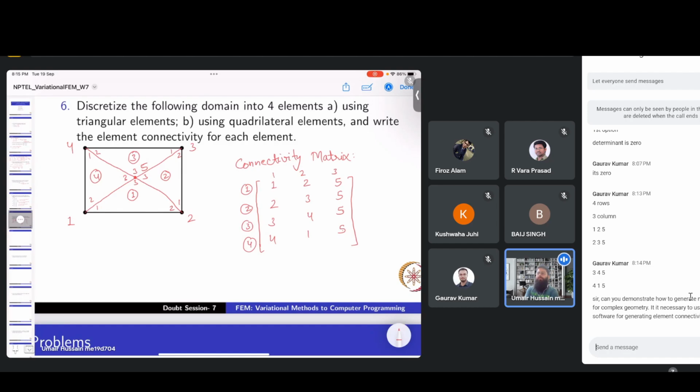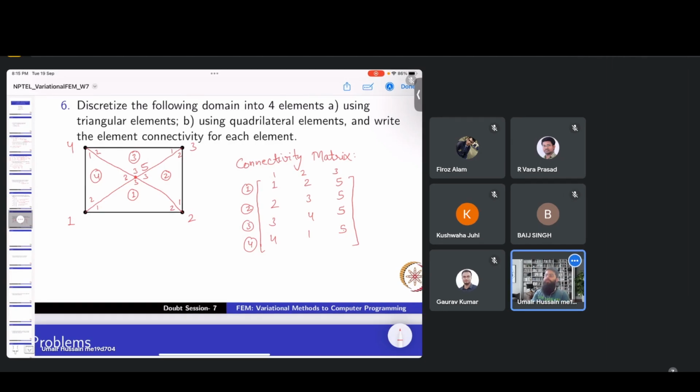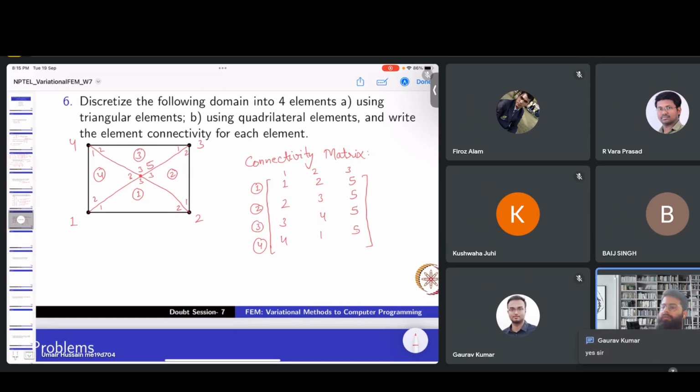If you want, I can demonstrate a bit. If everyone agrees, should I show a little bit of Gmsh to you? What does everyone else think? I hope I have Gmsh installed. Let me check.